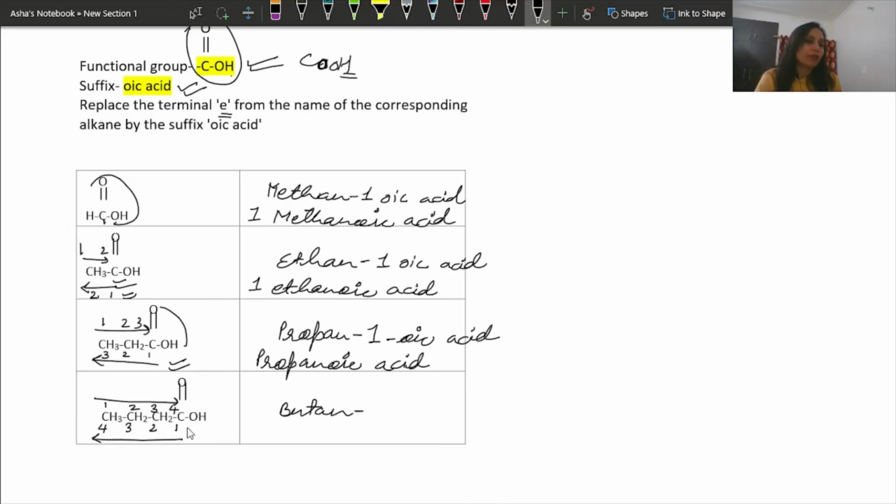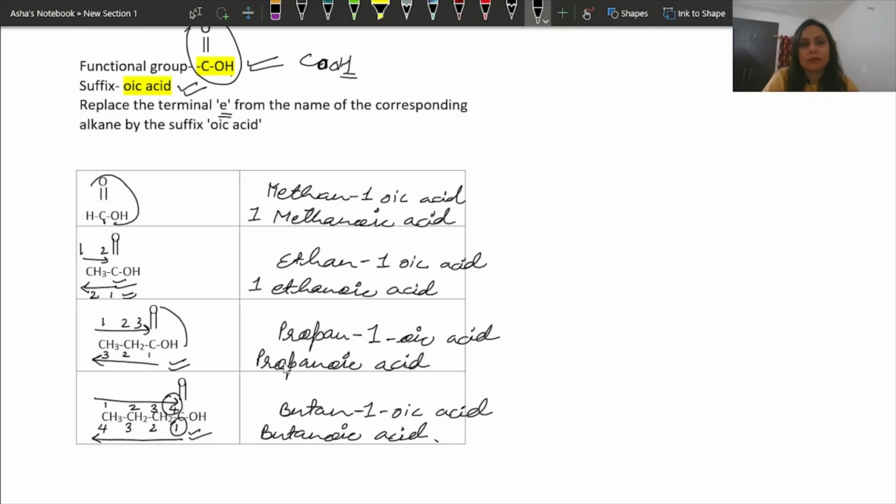So in back to front counting, at 1 it is coming, from front to back it is coming at number 4. We always choose the lowest number, so we will be taking this type of numbering, back to front. So it will become 1 oic acid. Or you can simply write butanoic acid. Okay, so in this way we are doing the nomenclature.